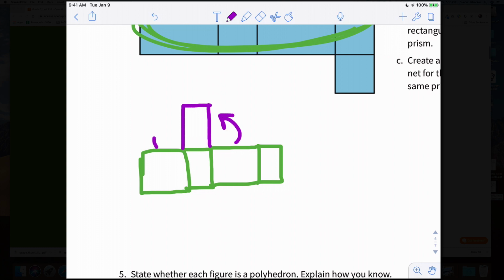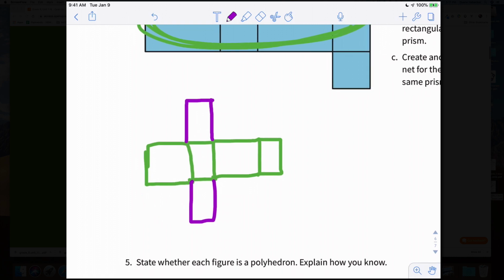So now this is going to match there, and this is going to match there. Same story down here. This edge is going to line up perfectly right there, and this edge is going to line up perfectly down there. And we now have our net.